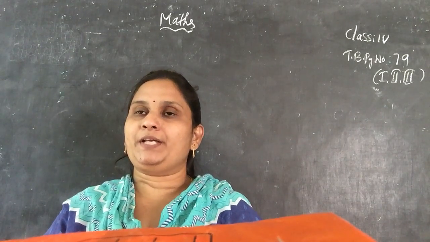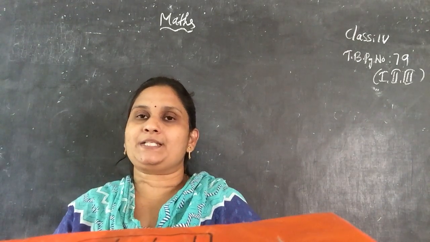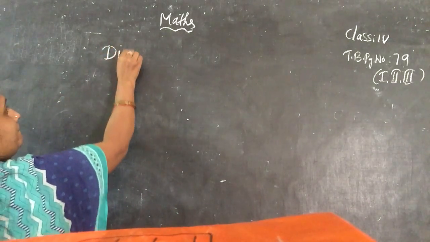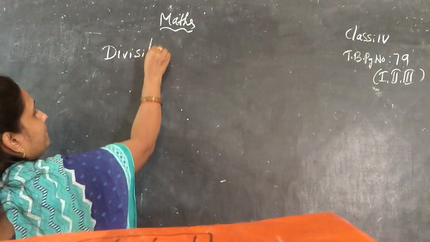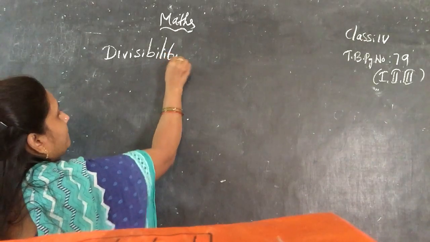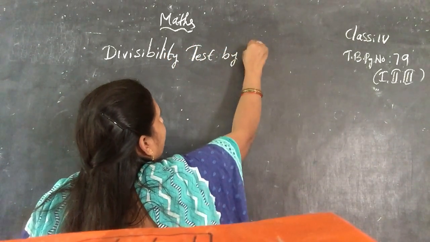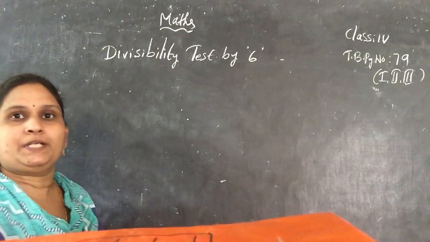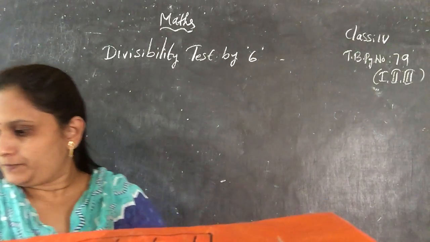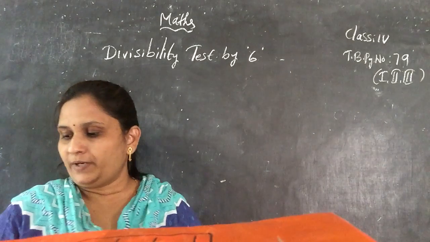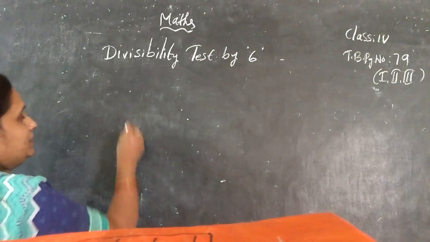And in that, write the heading: divisibility test by 6. Now for that, write the definition.